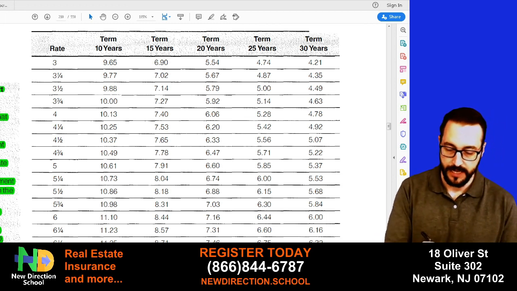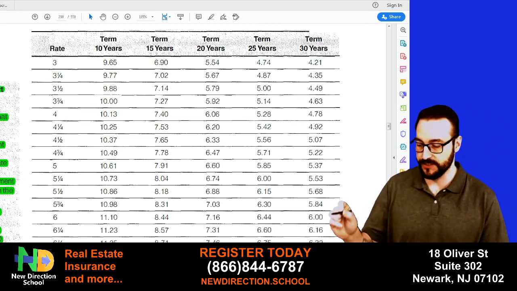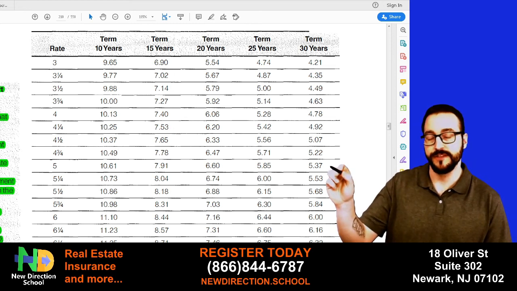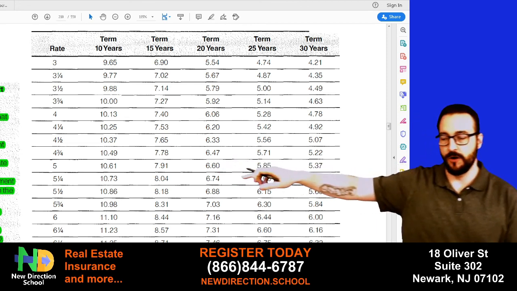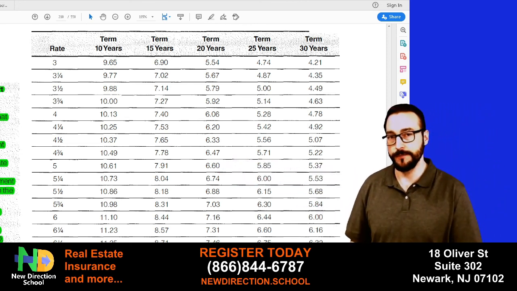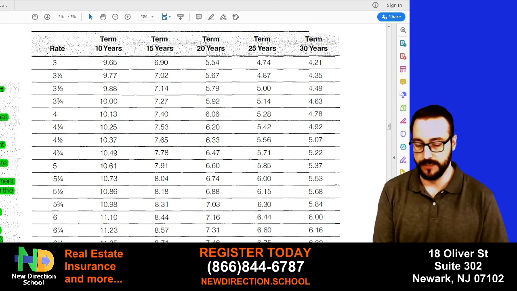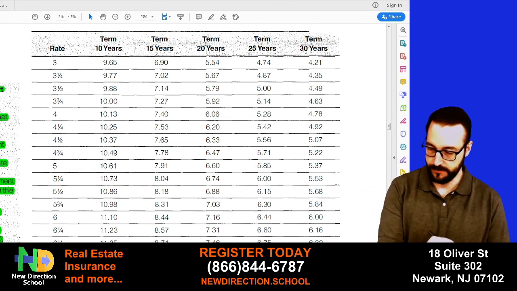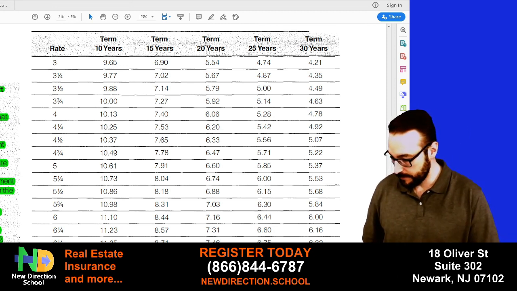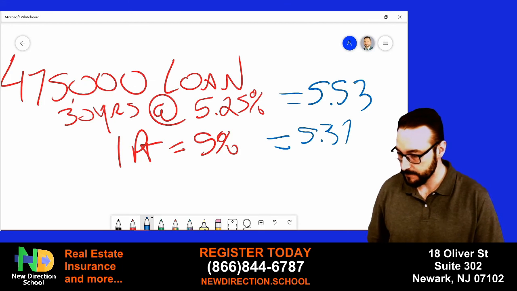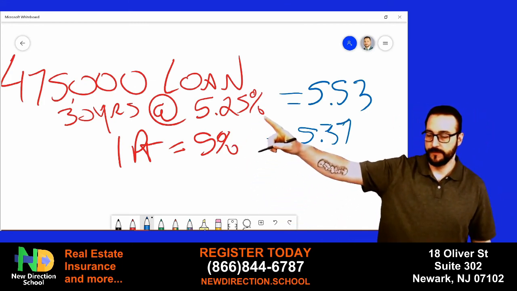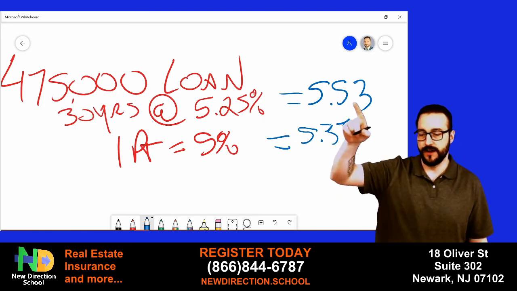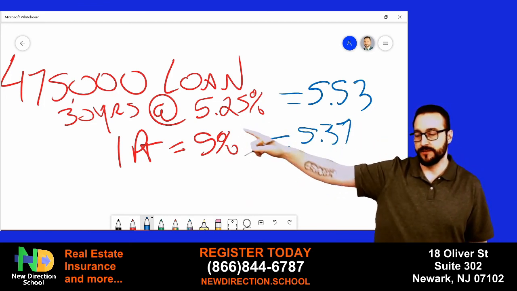If it was 5% for the same 30 years, it would be 5.37. So the way this works is you find the appropriate rate, and come all the way to the right to the appropriate term, in this case 30 years. So 5.25, 30 years, 5.53; 5%, 30 years, 5.37.